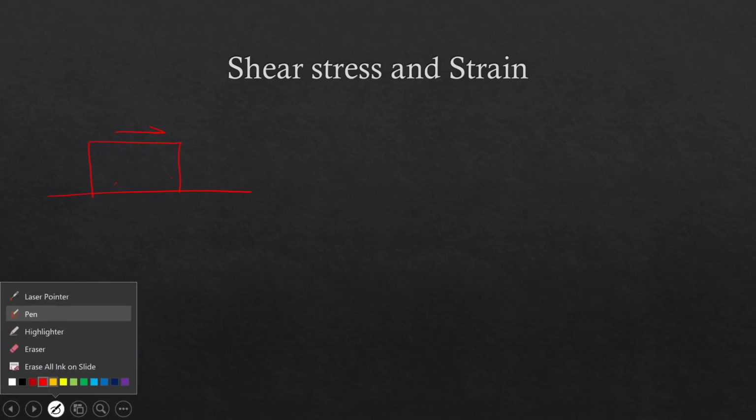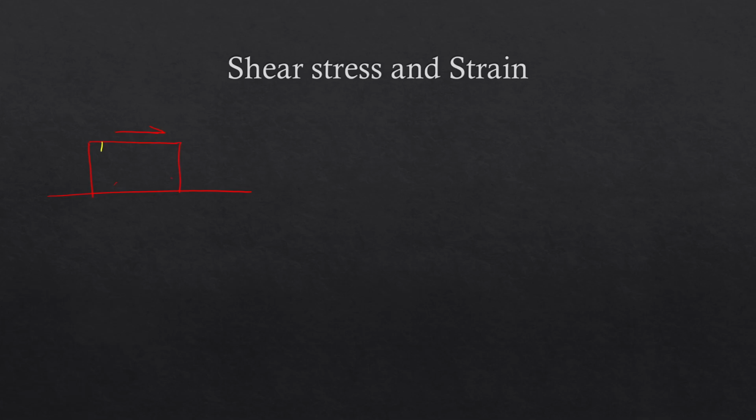When we apply some force here, which is a shear force, and that divided by the area is shear stress, then this whole thing will be deformed and will take a different shape, somewhat like this. So this is the deformation, and if we keep on increasing this shear force, it will keep on deforming more and more. That's what happens with a solid.